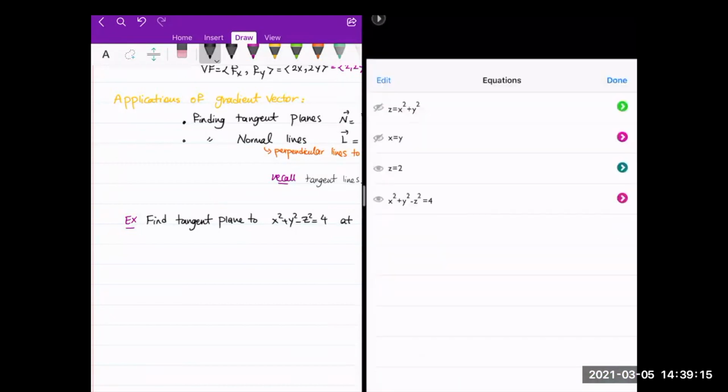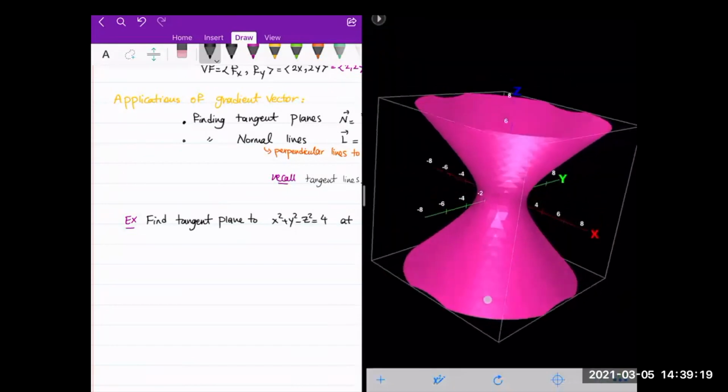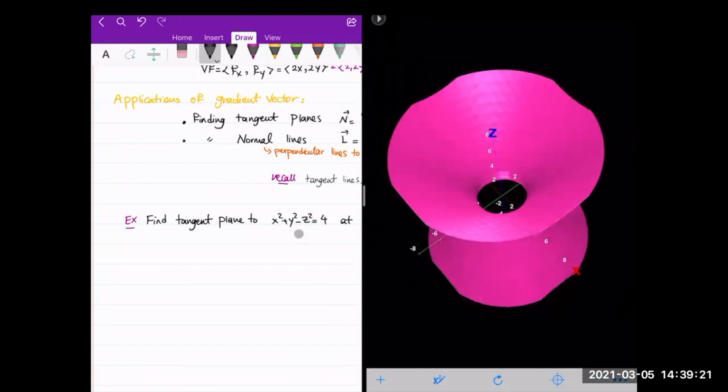Let me remove this one. It's that. You see, if it was a plus sign in here, then you have a sphere, right? If it was x squared plus y squared minus z equals 4, then it would be a paraboloid, if it was minus z instead of z squared.